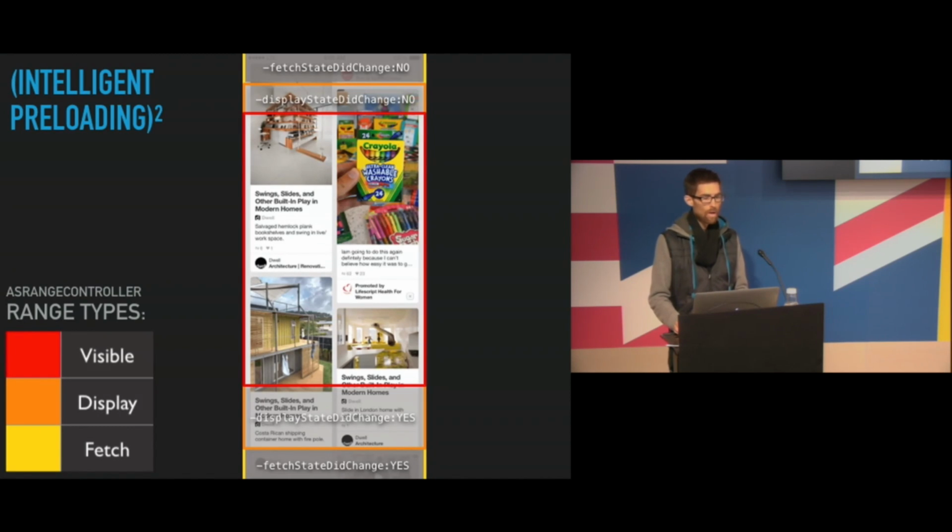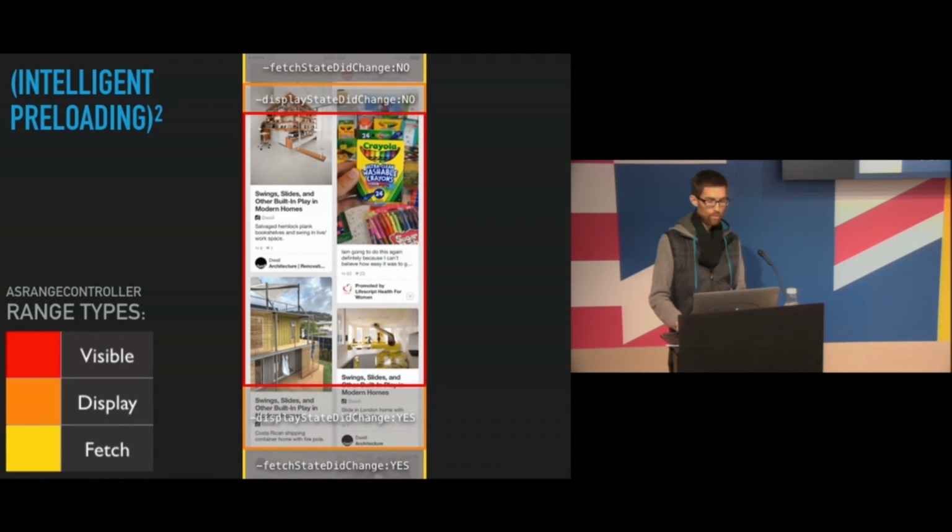That means if you see the home feed of Pinterest, there are different sections. At the bottom, it's the fetch data section in yellow. We have the orange one, the display section, and the red one is the visible section. For a node, this means if it's in the yellow phase, it's time to fetch data.